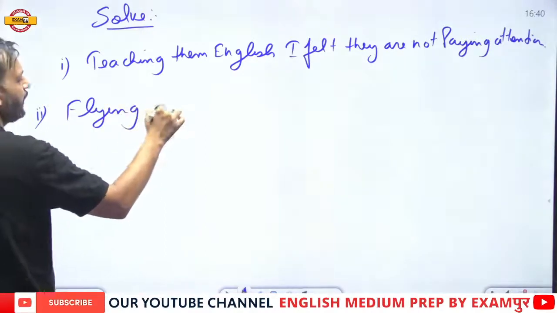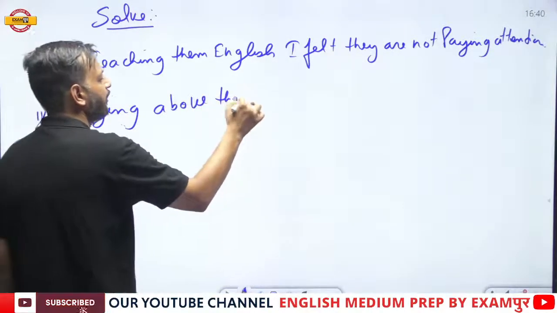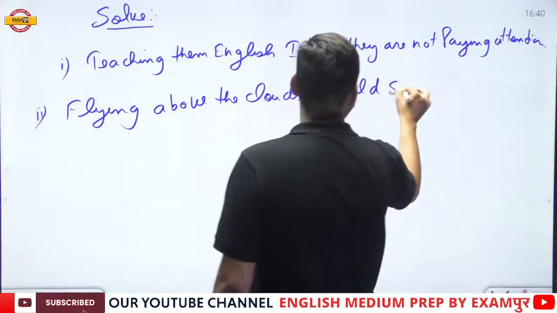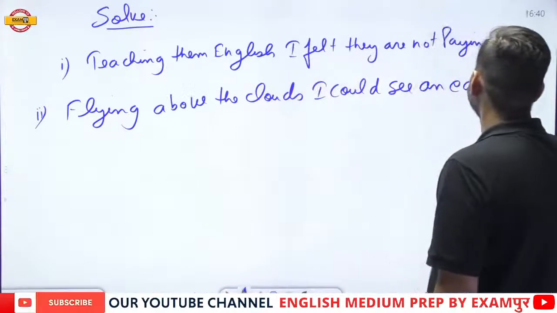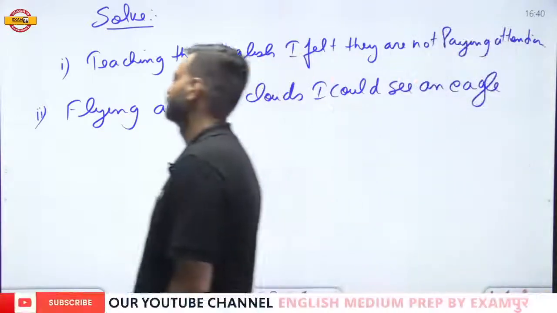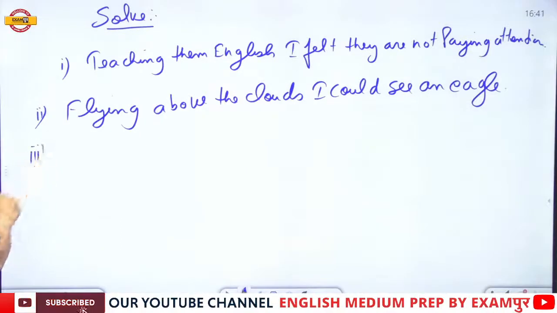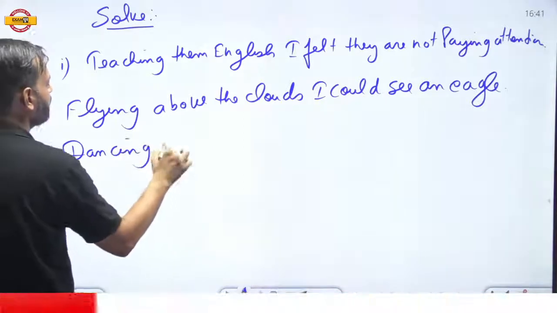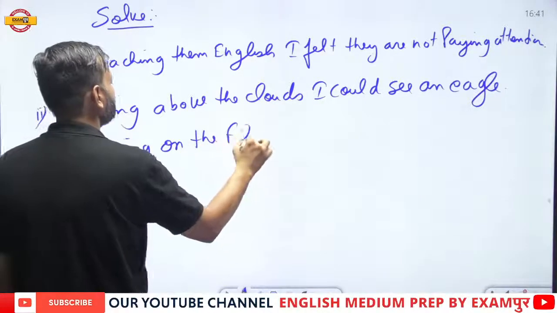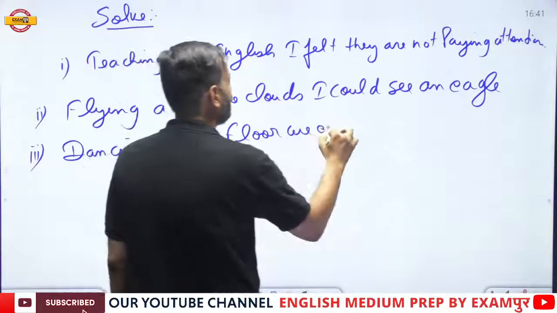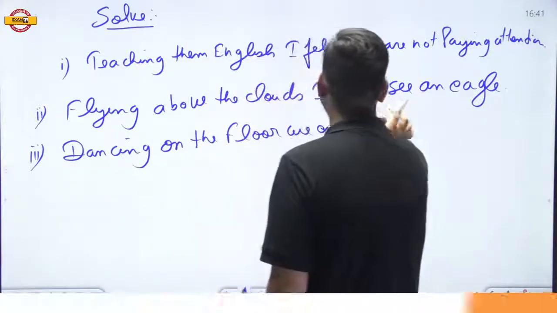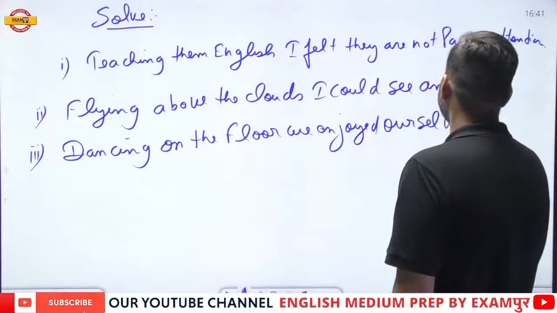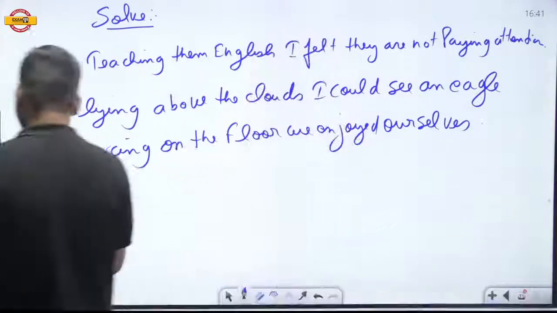Second sentence: flying above the clouds, I could see an eagle. Third sentence: dancing on the floor, we enjoyed ourselves.